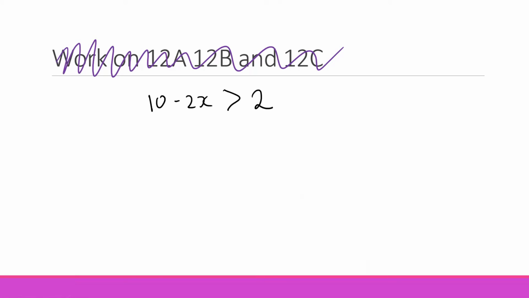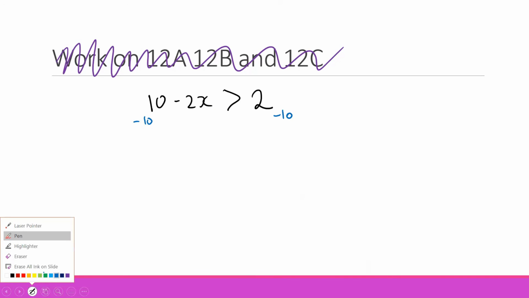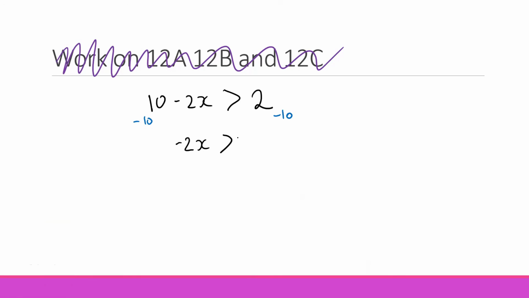Okay, so the first thing we're going to do is subtract 10 from both sides. If you subtract 10 from both sides, that's going to give you negative 2x is greater than negative 8.